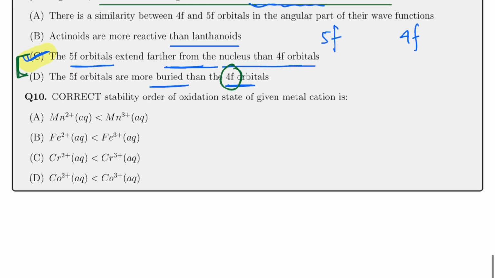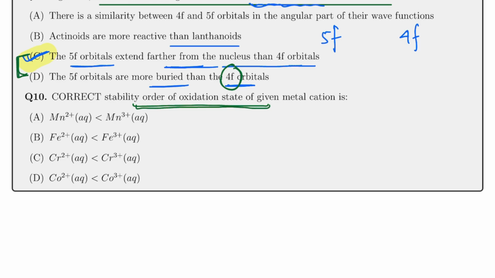Now the 10th one: you need to find the stability order of oxidation states given for the metal cation. What you need to understand here is that you cannot take the help of only electronic configuration all the time. Reduction potential and hydration energy also play a very important role. If you only think about electronic configuration, then you will be wrong.